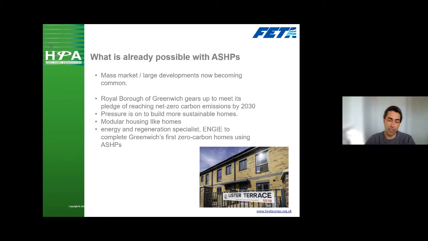In this particular example, Royal Borough of Greenwich is gearing up to meet its net zero carbon emissions by 2030, and they're under a lot of pressure to move their buildings and new build into sustainable homes. And Ilke Homes, maybe there's someone on this call from Ilke Homes, I'm not sure, have moved towards modular housing design. And in this particular solution, what they've been able to deliver is a net zero carbon option for the householder.